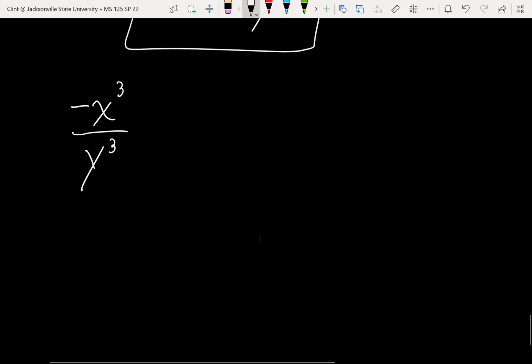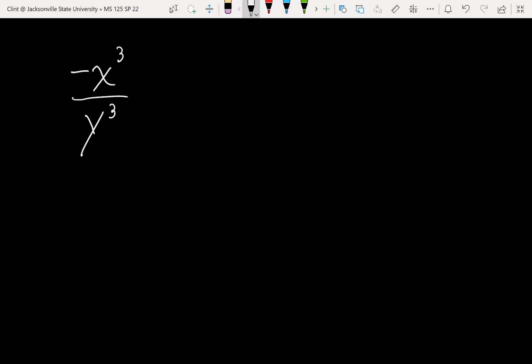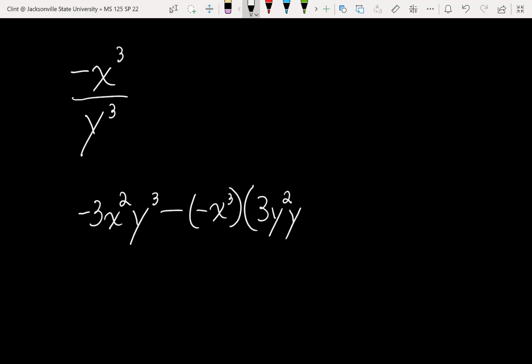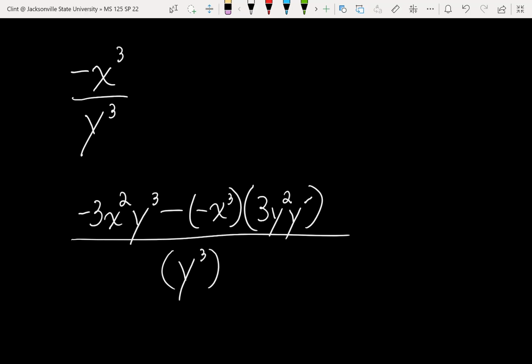The derivative of the top, negative 3x squared, times the bottom, y cubed, minus the top times the derivative of the bottom, which is 3y squared y prime, all over the bottom squared.